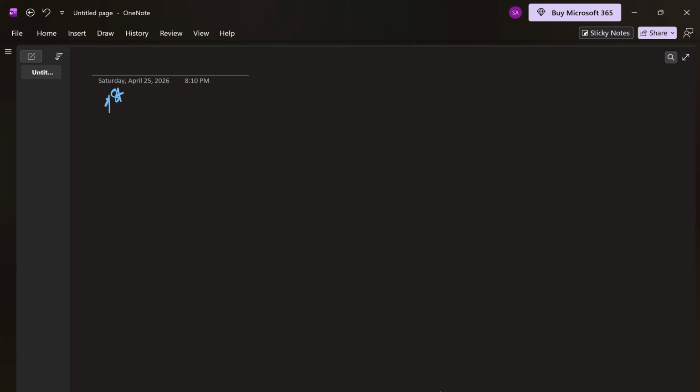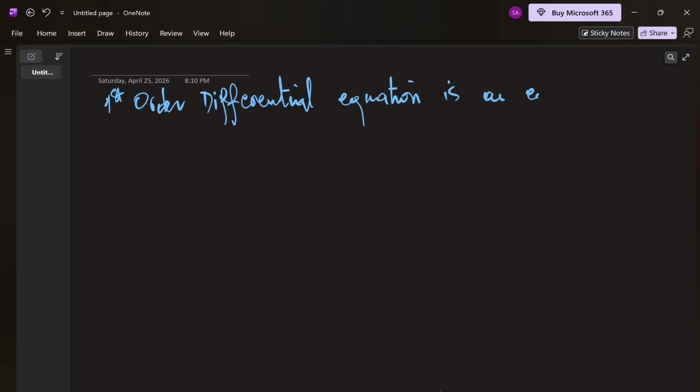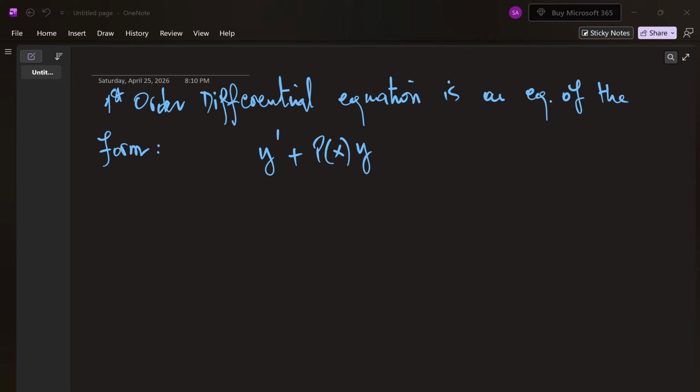A first order differential equation is an equation of the form y prime plus a function p of x times y equals some function that depends on x.